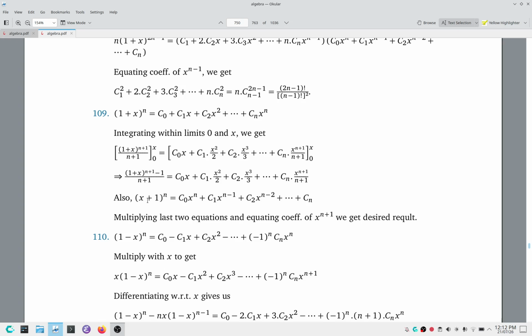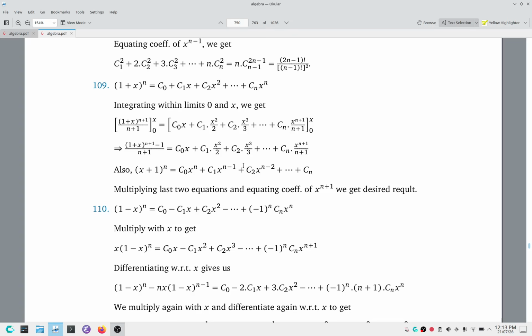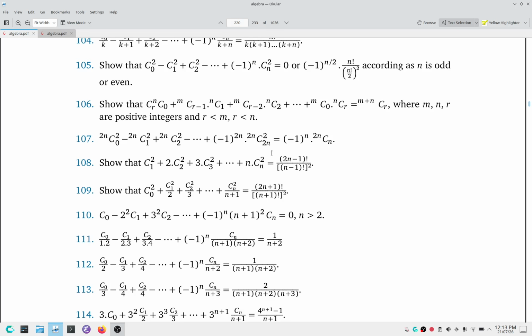Then we write the expansion of (x plus 1) to the power n and multiply these two equations and equate the coefficient of x to the power n plus 1. So similar to question 108 and quite easy.